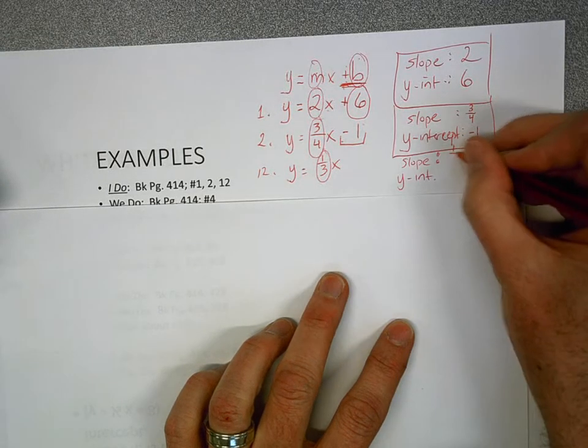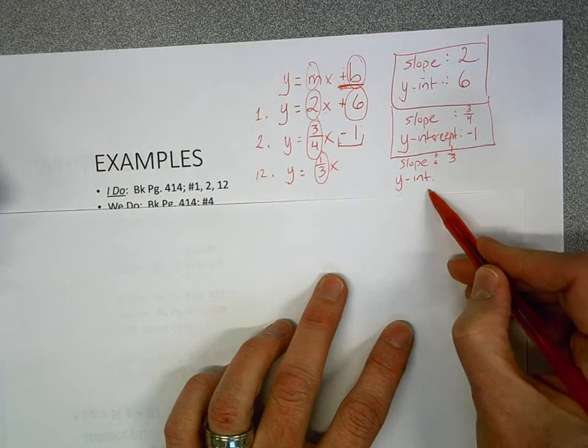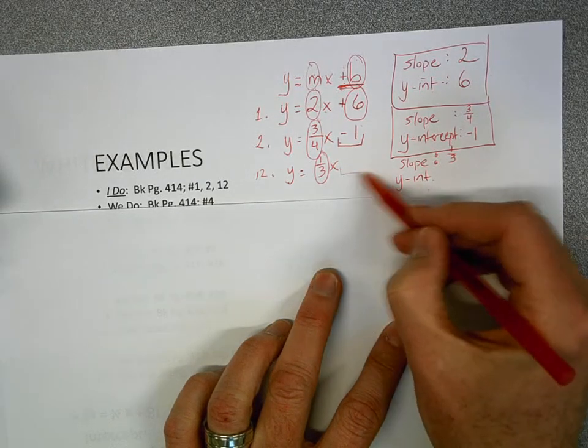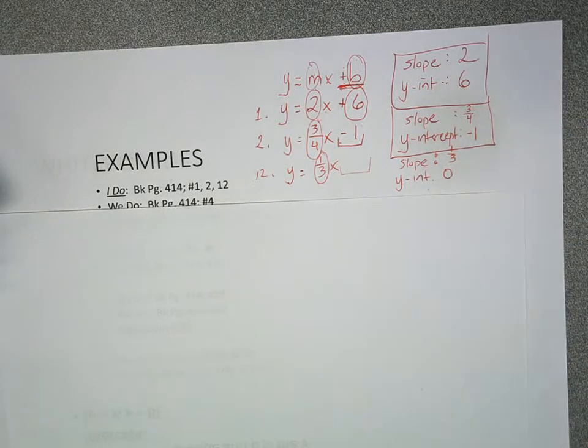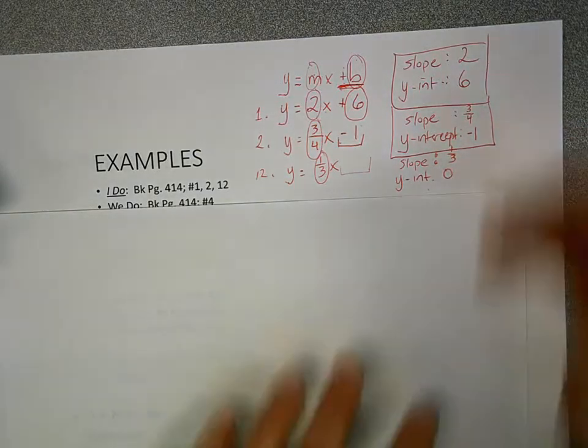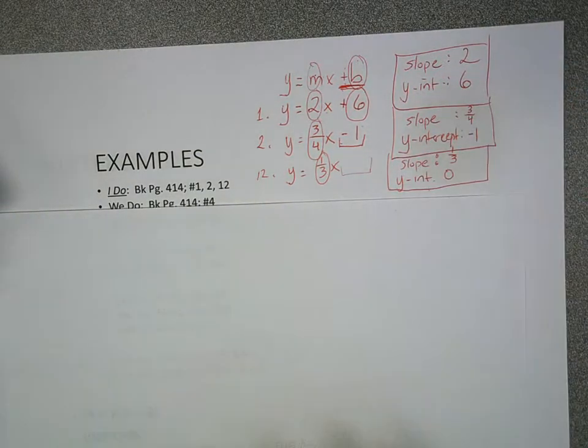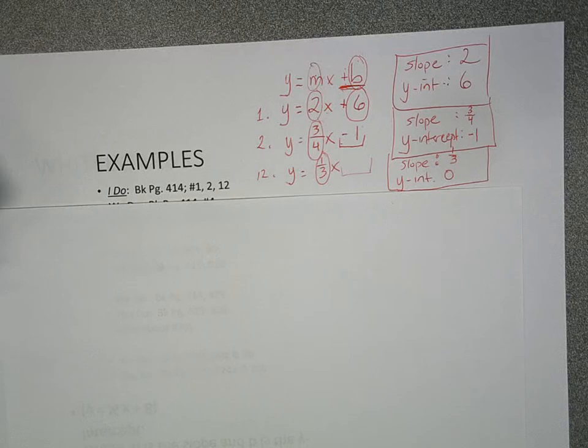The slope is 1/3. The y-intercept is nothing. It's 0. It goes through the origin. Okay? So those are some very basics when it comes to what we're going to be doing today. It's just the very beginning, but it's the main part of what today's lesson is.